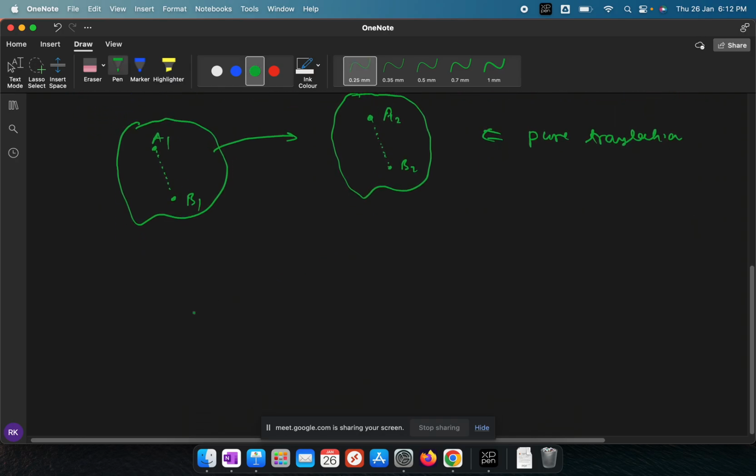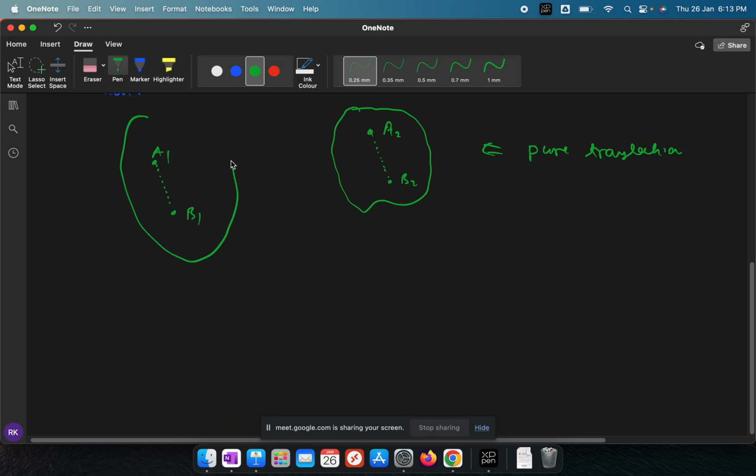Can someone tell me, if I draw, this one is a case of pure translation, and the motion is like this.